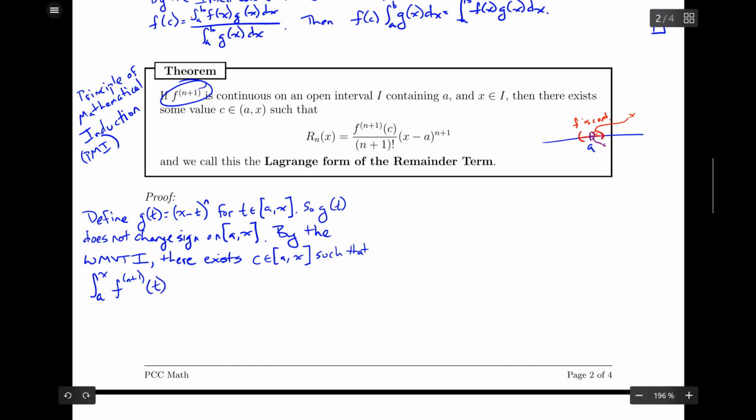So here's our first function, and g of t, which in this case is x minus t to the power of n, dt.